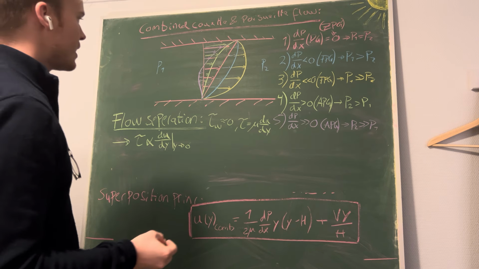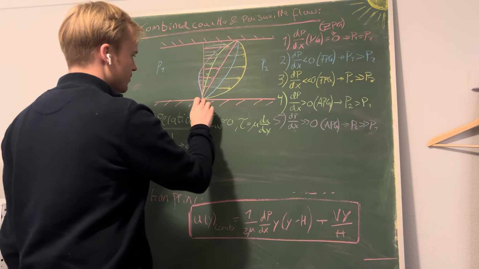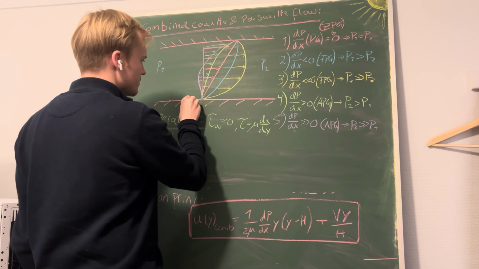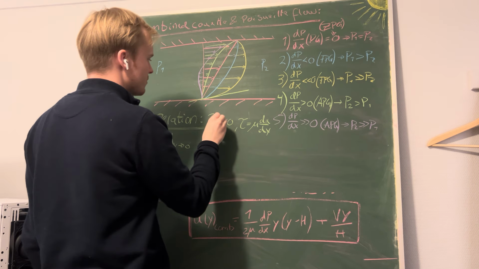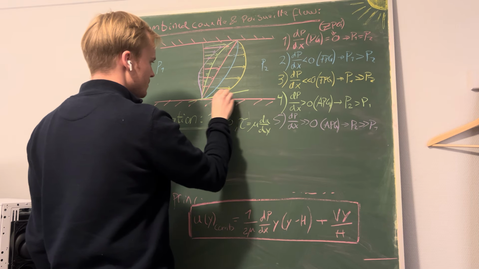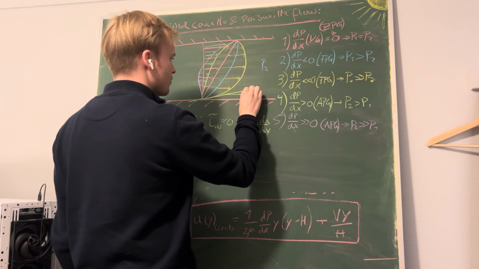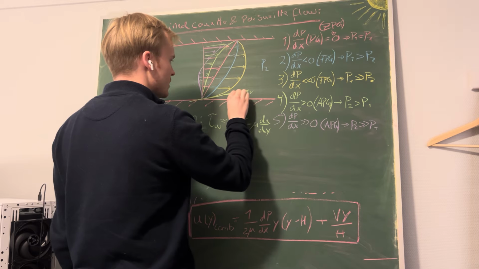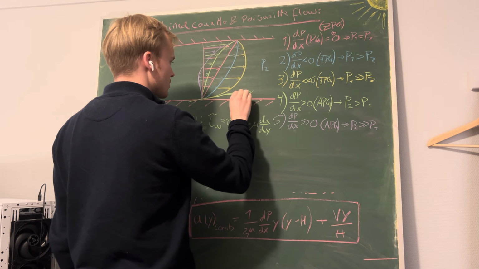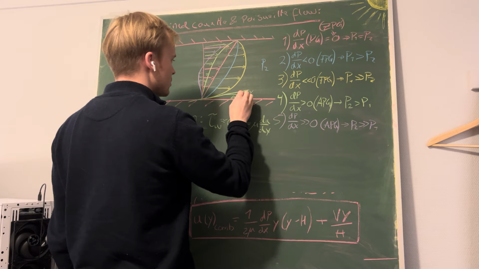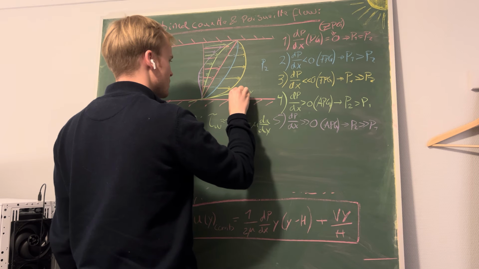So we can draw the velocity gradient would be this. That's one velocity gradient. So here is the change of y, and here is the change of u.